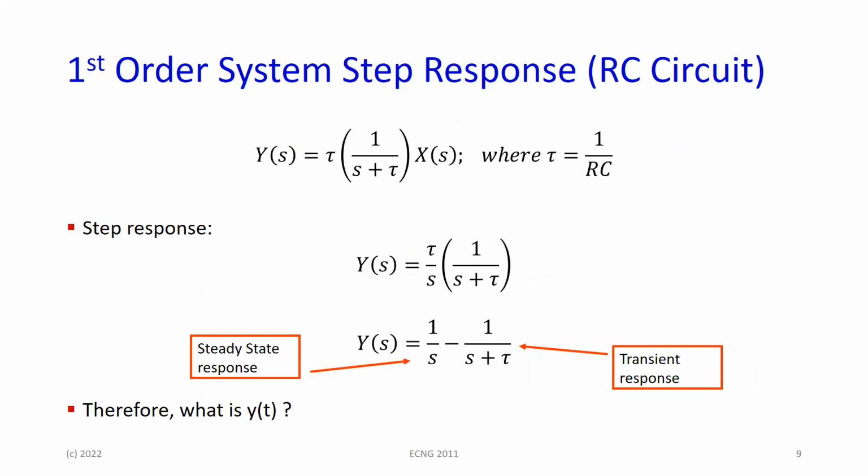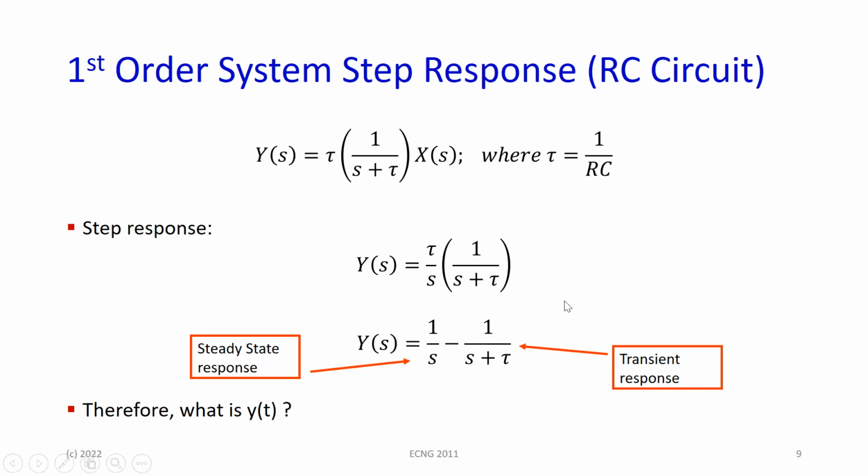So for instance, the RC circuit, if you just substitute the time constant, instead of putting 1 over RC, we just use tau, you're going to get the answer for the step response having two parts: the steady state response, 1 over s, and the transient response, minus 1 over s plus tau.